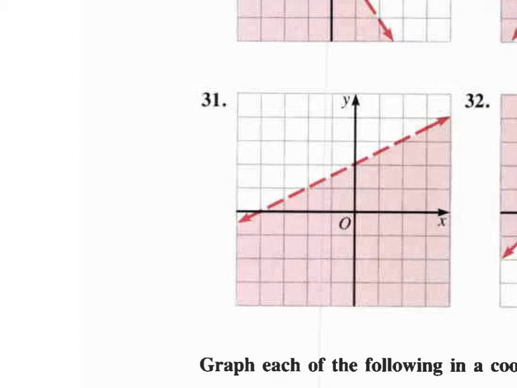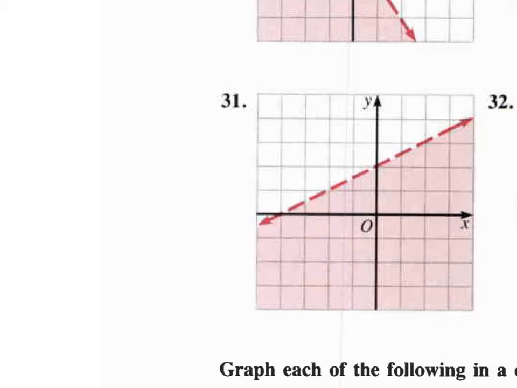Whenever you see it's a diagonal line, you know you're going to have a y, you're going to have an x, and now you can look at the line type. So it's a dashed line, and it's below. So already I can see that it's going to be less than, not less than or equal to, because it's broken. And then the next thing I'd look for is where it hits the y-axis.